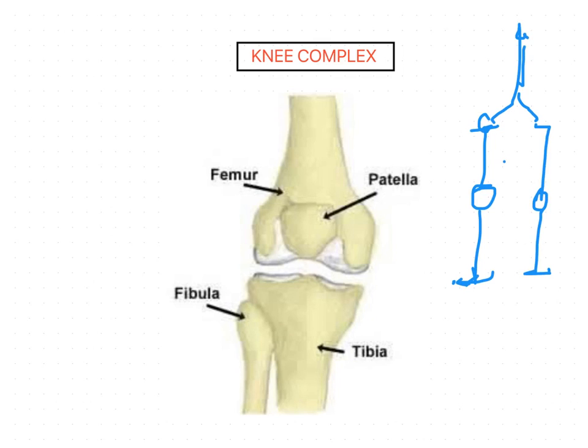Dynamically, the knee complex is responsible for moving and supporting the body in sitting and squatting activities, and for supporting and transferring the body weight during locomotor activities. During sitting and squatting also, it comes under the closed kinematic chain.